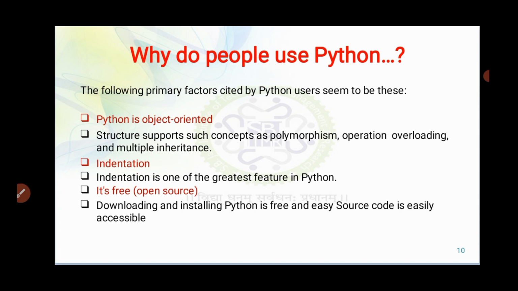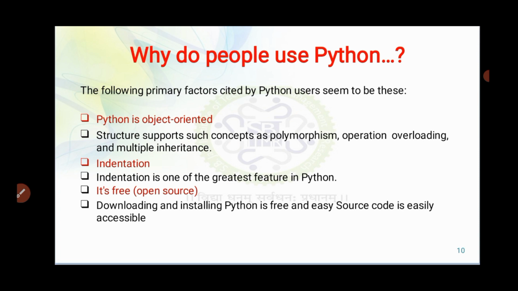So when n number of people have started making use of Python, definitely it should have more advantages, more features or more benefits compared to the old programming languages, and that's the reason people have started using it.